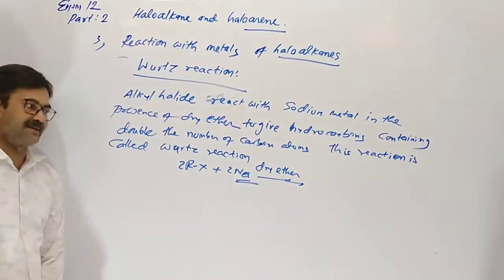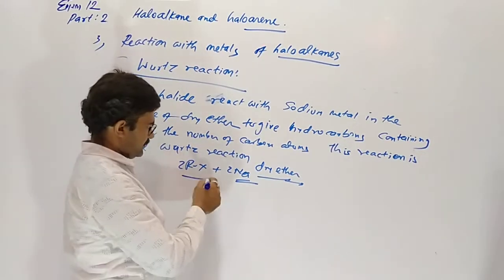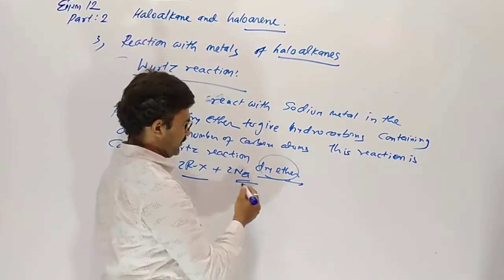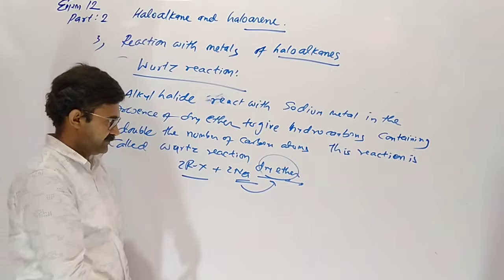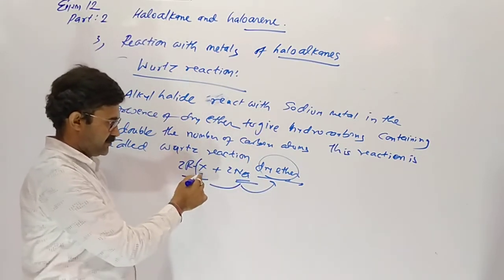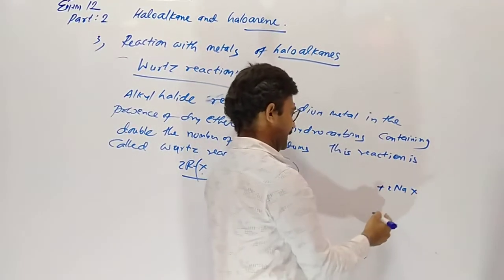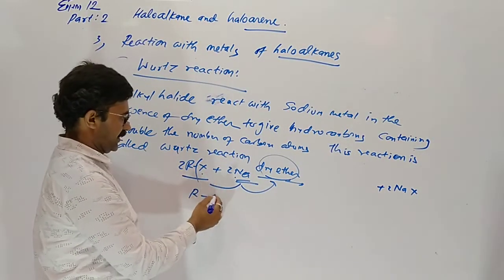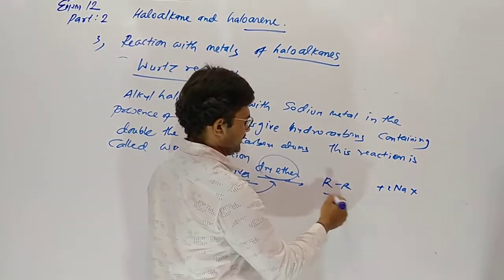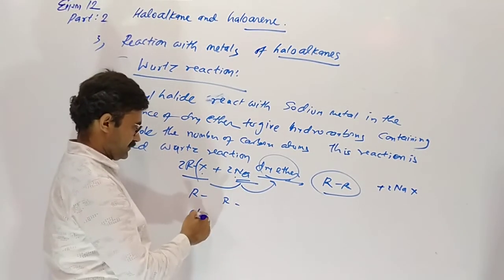Sodium is a highly sensitive metal, easily reacts with water, so this reaction will be useless. So dry ether. Sodium does not react with the ether. Here, in the absence of water, it reacts with haloalkane. 2 halogens combine with 2 sodium to give halide. The remaining 2 alkyl groups combine with each other, and it makes an alkane having double the carbons.